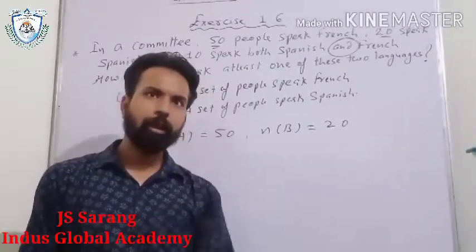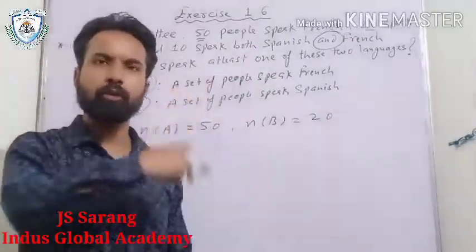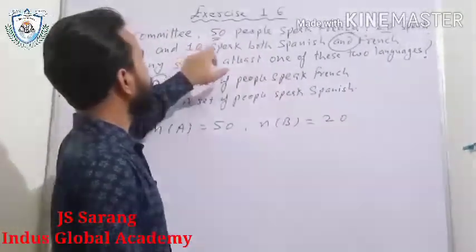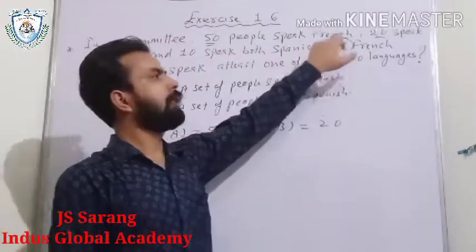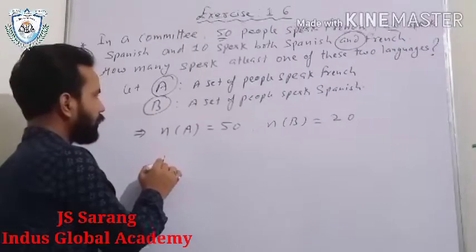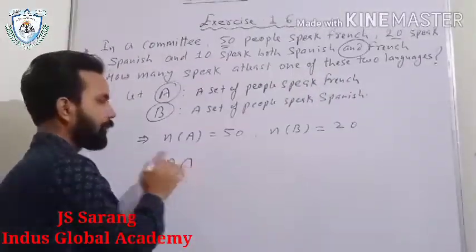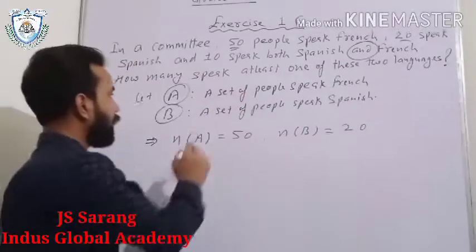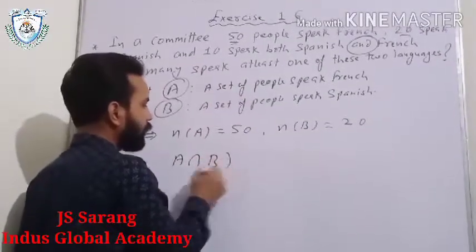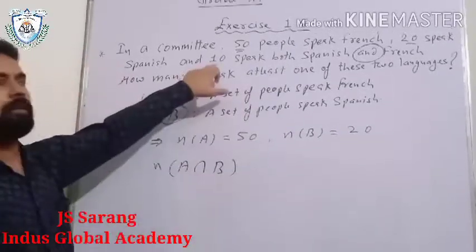Understood? So keep this point in your mind. And means intersection, or means union. So 10 speak both Spanish and French. French is represented as A, and means intersection, Spanish means B. So the number of elements in A intersection B is 10.